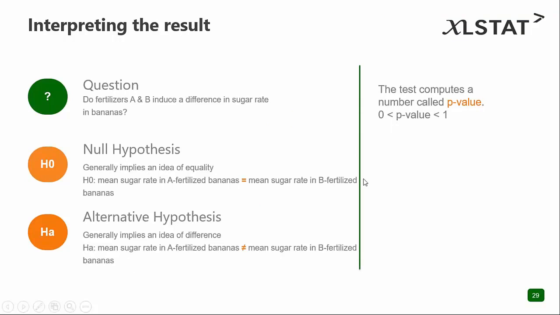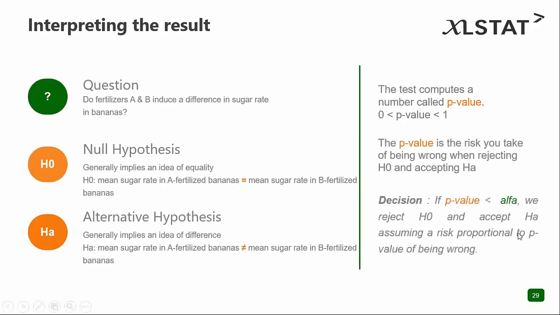The p-value should be compared to alpha. It's the risk you take of being wrong when rejecting H0 and accepting HA. So if the p-value is lower than alpha, we reject H0 and accept HA, assuming a risk proportional to the p-value of being wrong. In our case, if you remember, the p-value was lower than alpha.